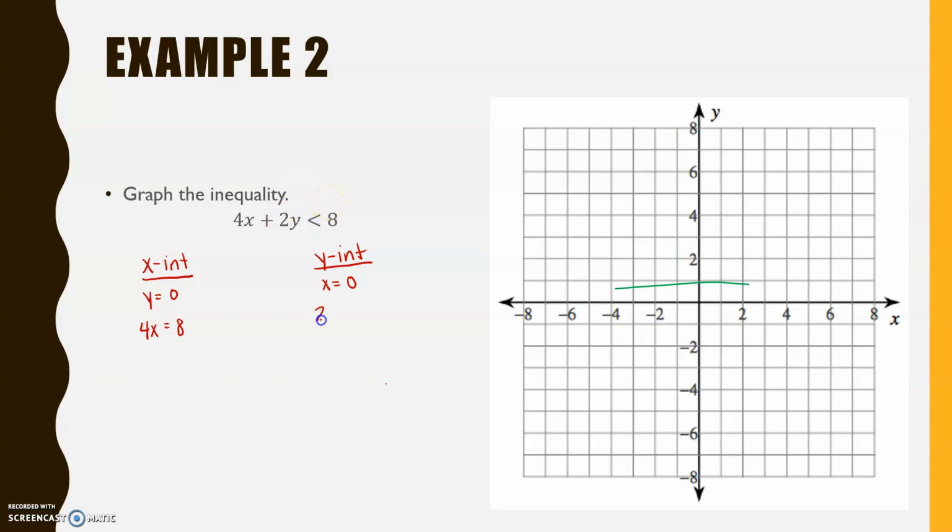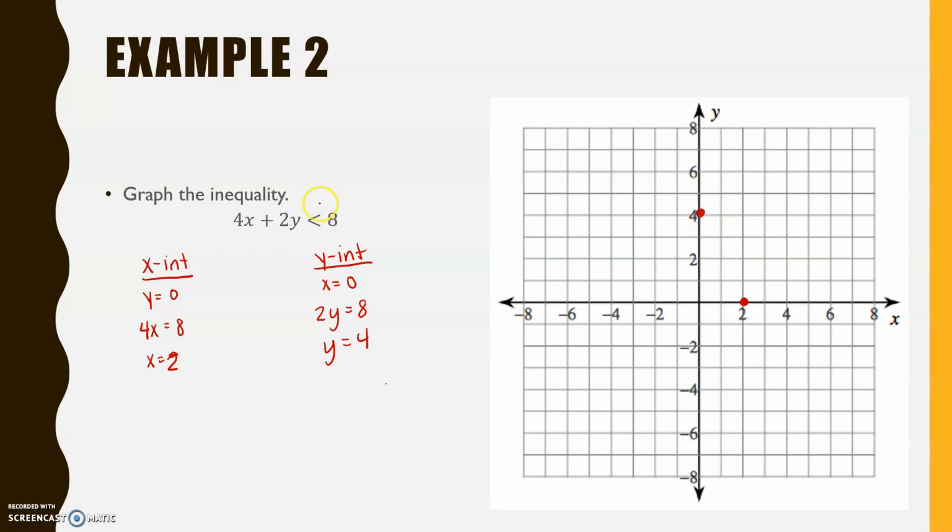And here I'm going to get 2y equals 8. This would give me x equals 2, and this would give me y equals 4. I'm going to graph those 2 points. Now remember, this is my x-intercept, so I'm putting a point on the x-axis at 2, and this is my y-intercept, so I'm putting a point on the y-axis at 4. Again, if it's in standard form, no slope needed.